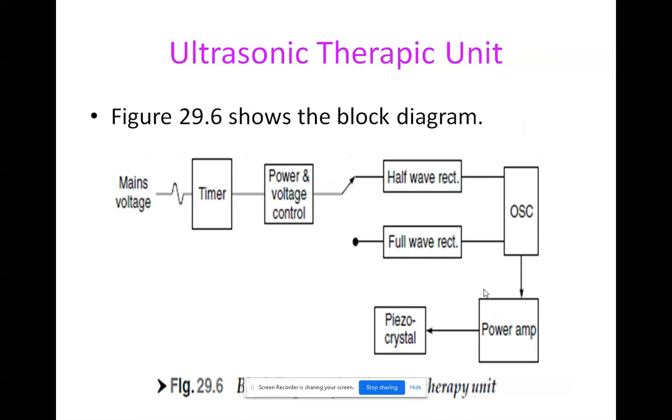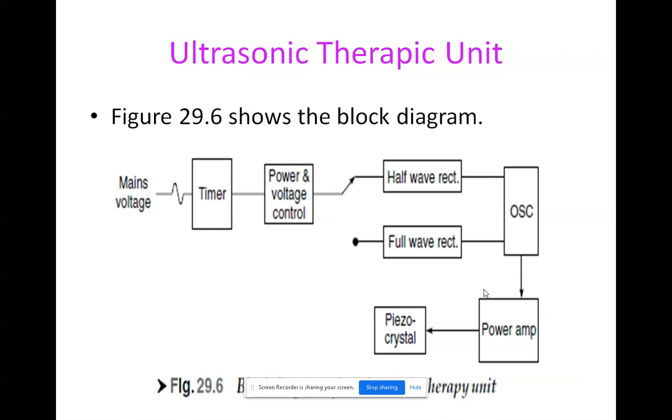This is the block diagram of the ultrasonic therapy unit. Main voltage is connected to the timer circuit to set the time, and power and voltage control. So voltage and current values will be controlled here. And then half wave rectifier, full wave rectifier, which will convert the AC signal into DC signal. Okay, and then it is given to the oscillator, which will provide the ultrasonic signal.